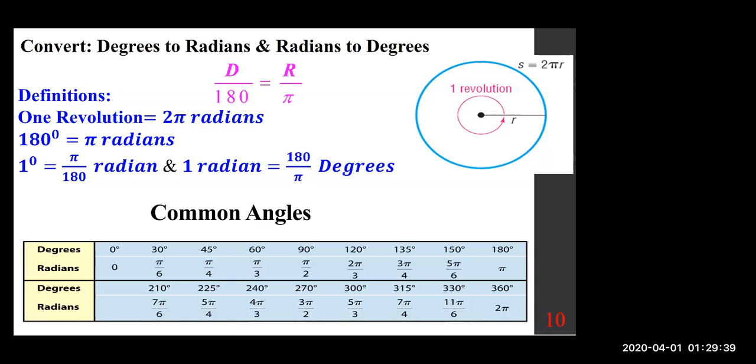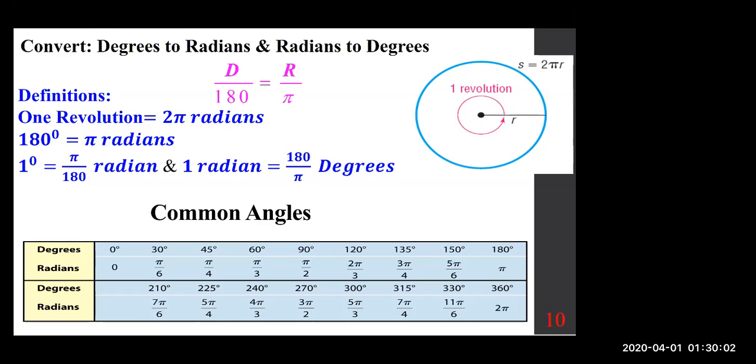If the degrees are given, let's say it's 30 degrees, replace the D with 30. Cross product will give you R. If R is given, let's say R is pi over 6, cross product will give you the measure in degrees.